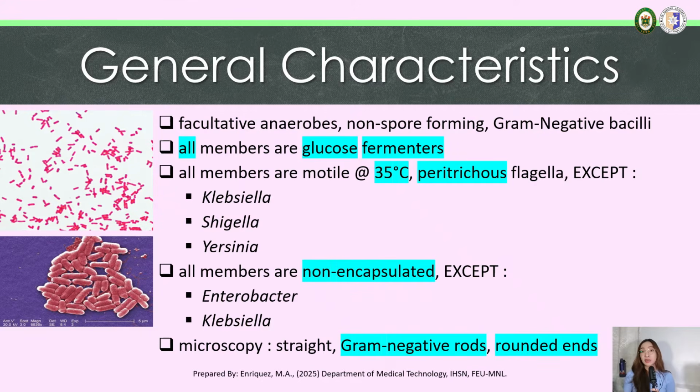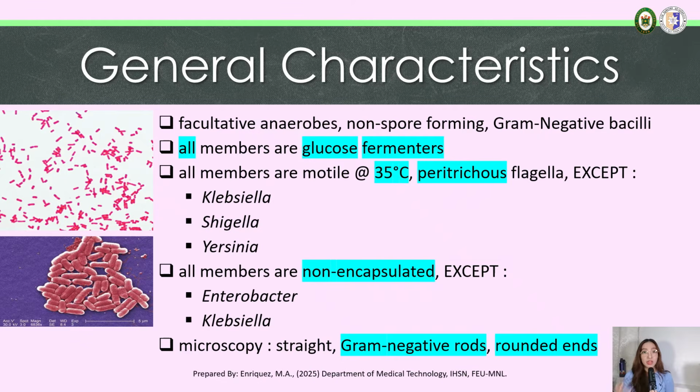All enterobacteria have peritrichous flagella and are motile at 35 degrees Celsius, except for three members, yung SKY, Shigella, Klebsiella, and Yersinia. So Klebsiella is one of the opportunistic pathogens. Meanwhile, yung Shigella and Yersinia, they are the true pathogens.